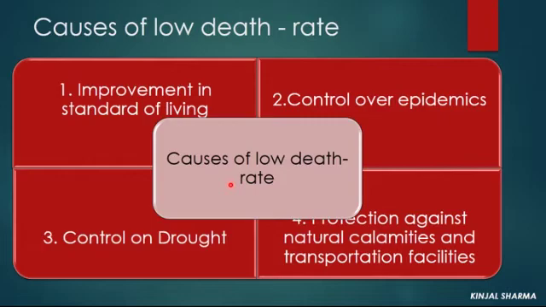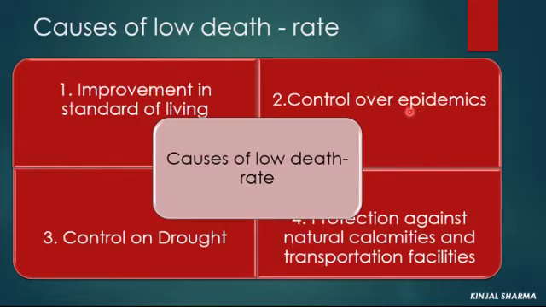Now the second is causes of low death rate. So there are 4 important points in that. First one is improvement in standard of living. Second is control over epidemics. Third is control on drought. And protection against natural calamities and transportation facilities. So improvement in standard of living, that is the way they live, better quality, better things we use.